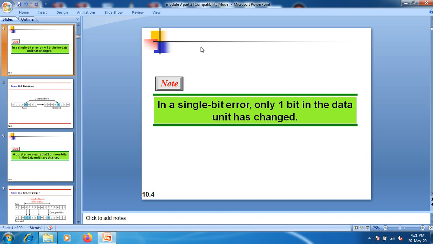When it comes to a single bit error, only one bit in a data unit has changed, that is from 0 to 1 or from 1 to 0.